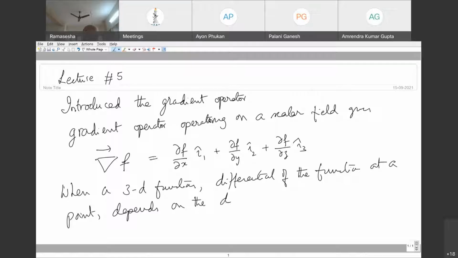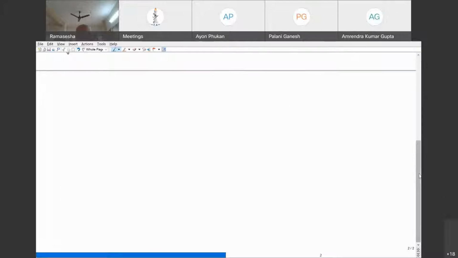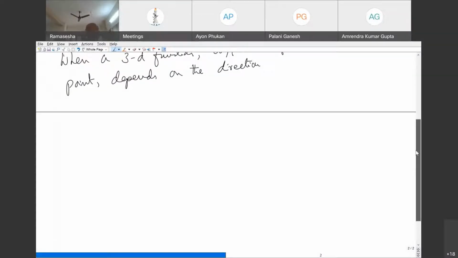If you're climbing a mountain, if you go to the right, it may be going down. If you go forward, it may be going up. If you are going to the left, it may again be going down, and so on. So the issue is, do you have to calculate it for every direction?